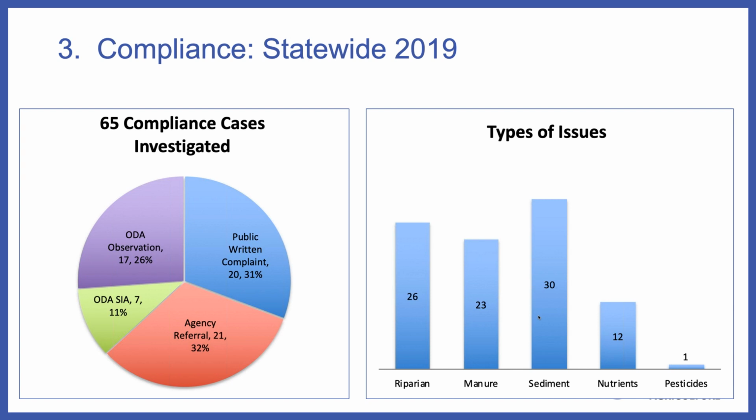And these are kind of typical numbers. We get maybe 67 cases a year, and they're coming in more or less from these sources in about those percentages. The types of issues on the right, those vary a little bit year by year, but most of them are sediment, manure, and riparian issues.